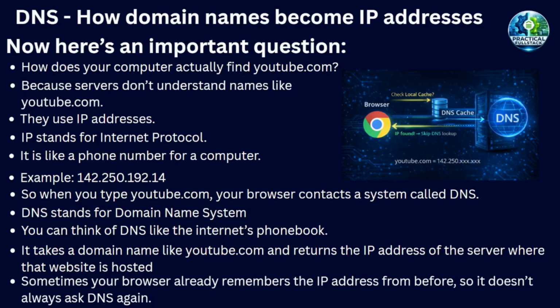It checks in the local cache, that is the DNS cache. If it finds the IP address there, it will skip the actual call to the DNS to increase the speed and make the website load faster. So that is how this process works.